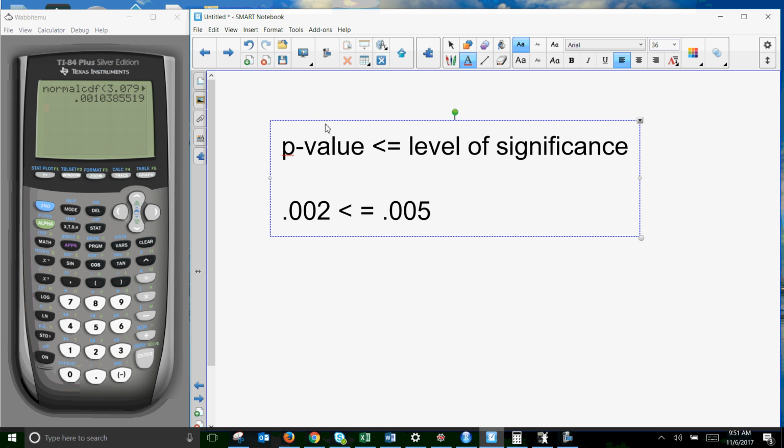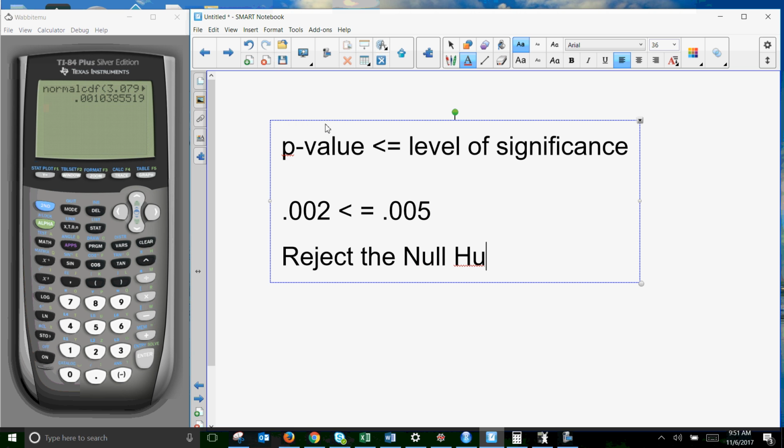Because the p-value is less than the level of significance, we will reject the null hypothesis that p is equal to 0.5.